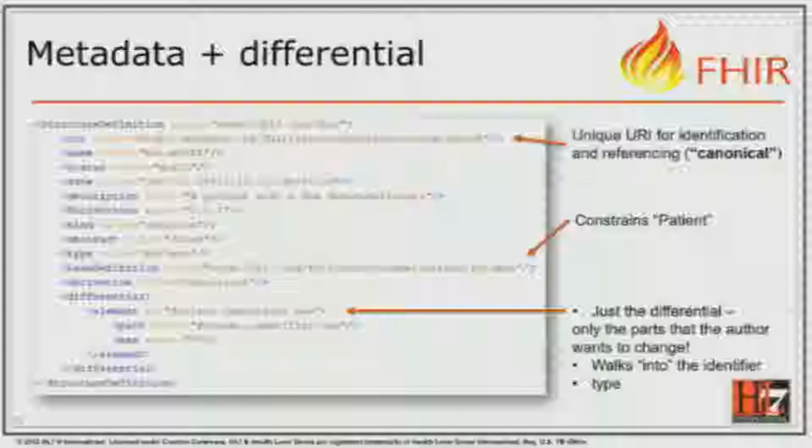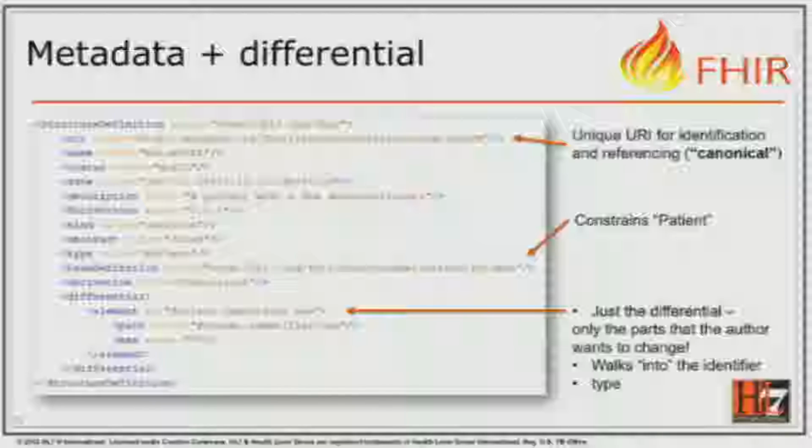That's the normal core patient. These things, by the way, are called canonical URLs, and they uniquely identify a structure definition worldwide. So if you're creating a new structure definition, you'll be making up a completely unique canonical URL. And that's how one structure definition or an implementation guide refers to another structure definition.